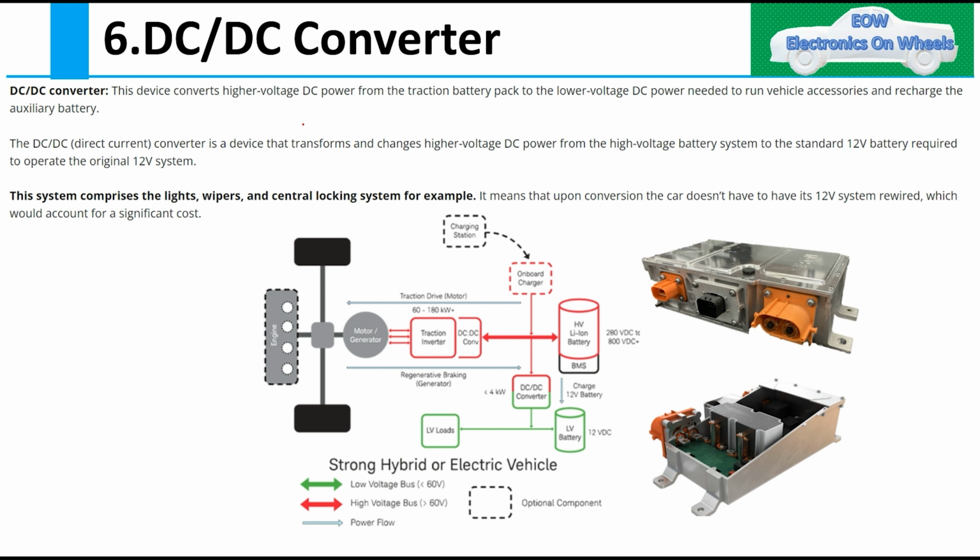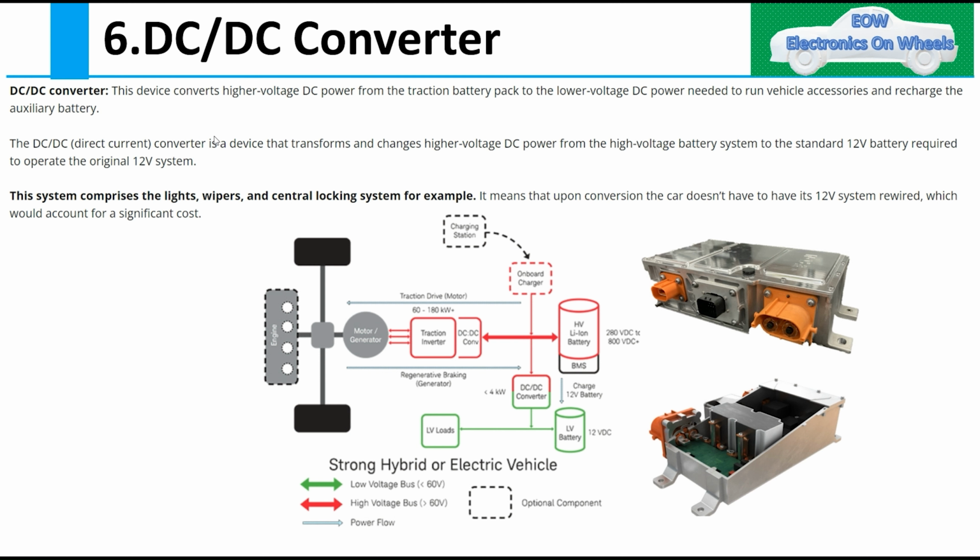Then we will see the DC-DC converter. We will see other parts in the next video, but we will cover this electric vehicle completely in chapter form, as I have shown you in the contents. We will cover all those topics, but as of now I am stopping. I will just show you the other points we are going to cover.